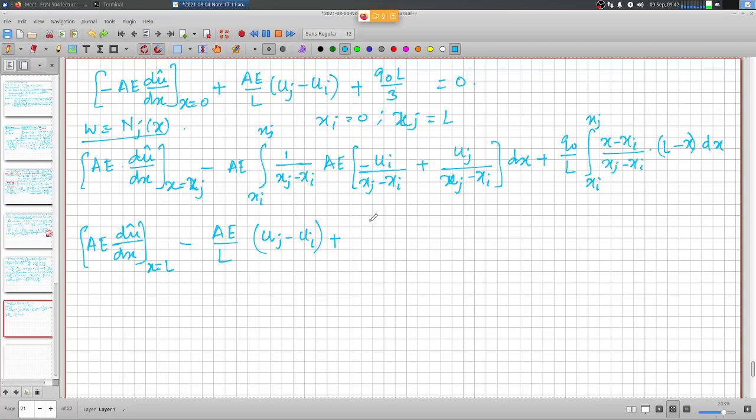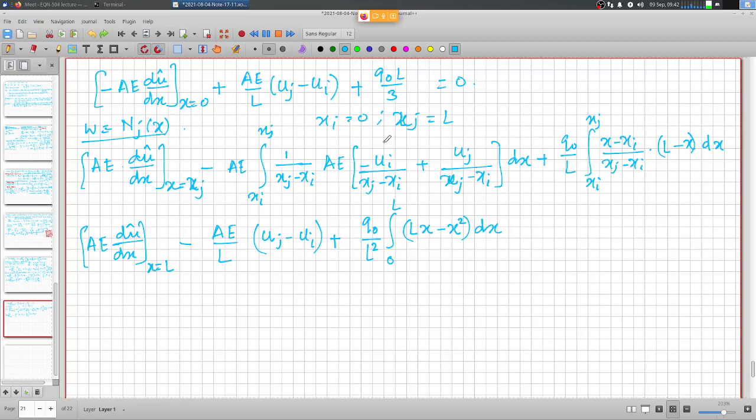And similarly we will have here Q0 by L square, and this is now going to be the integral from 0 to L of Lx minus x square.